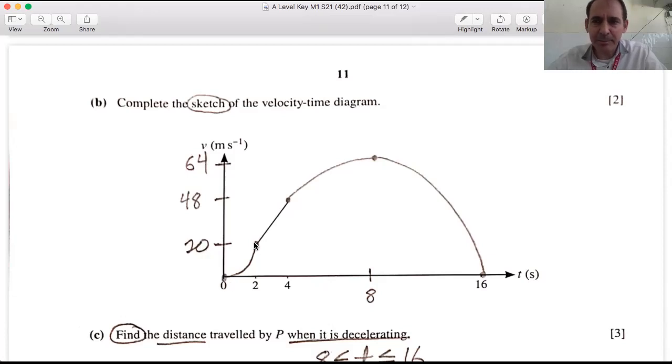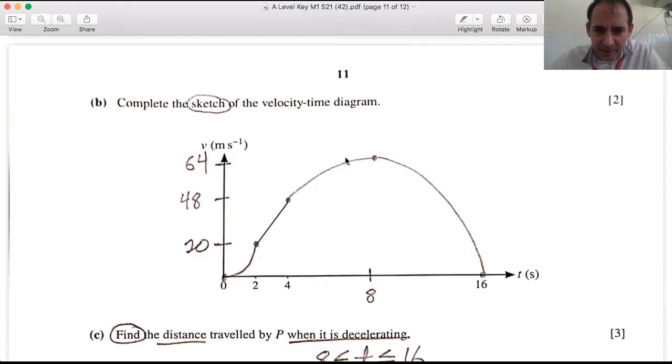So make sure it's parabolic, not linear. Then the second equation they already put in for you. It is linear from 20 to 48. And then the third equation is a downward facing parabola.